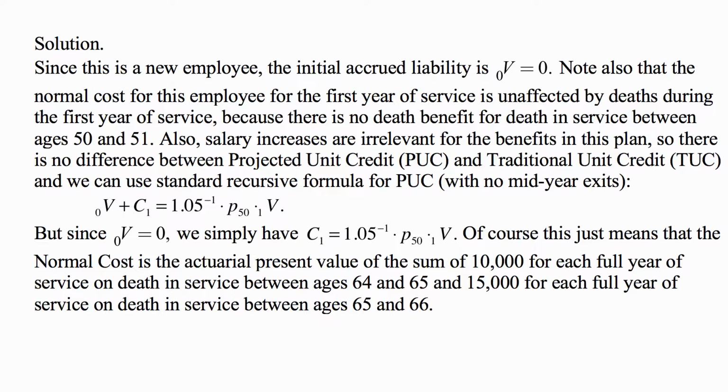And we can use the standard recursive formula for projected unit credit with no mid-year exits, which is that the initial accrued liability plus normal cost is equal to the actual present value of the accrued liability at the end of the period. And normally you'd also add the actual present value of mid-year exits. But since the initial accrued liability is 0, we simply have C1 equals 1.05 to the negative 1 times p50 times 1V.